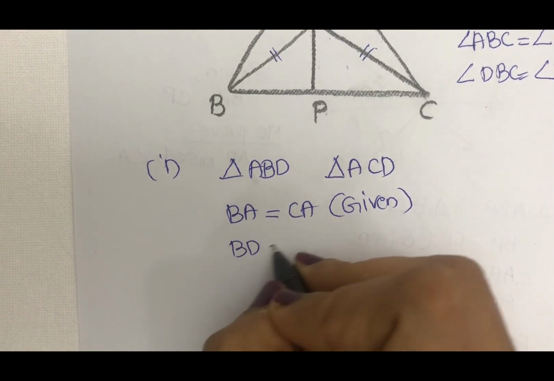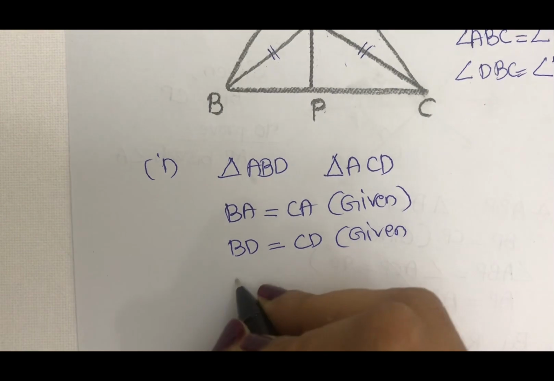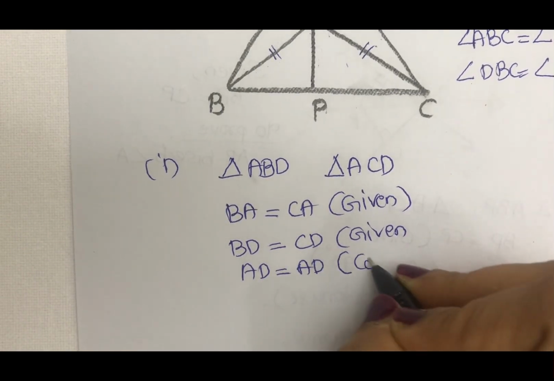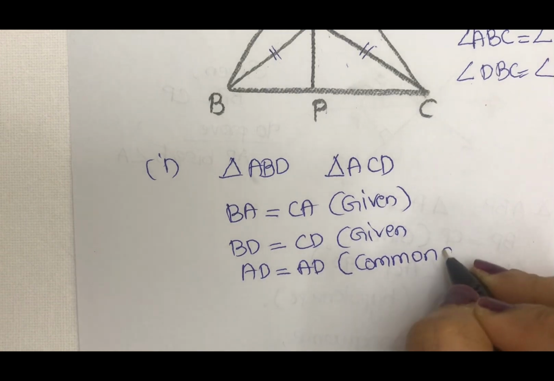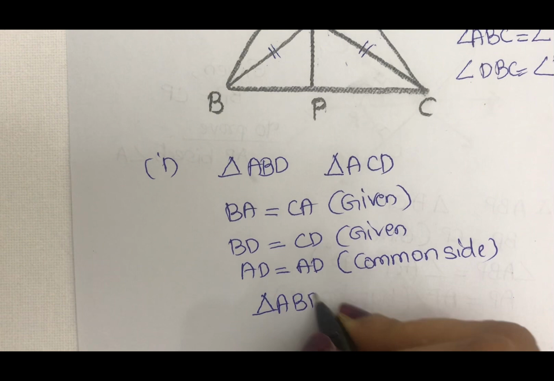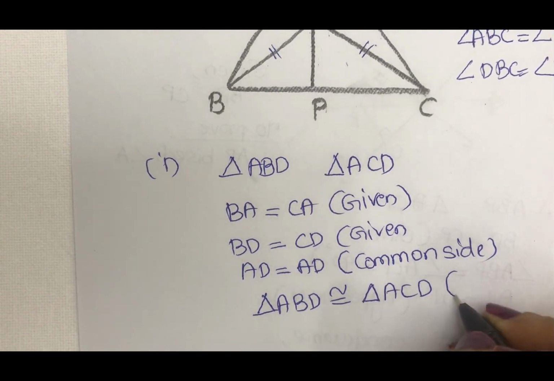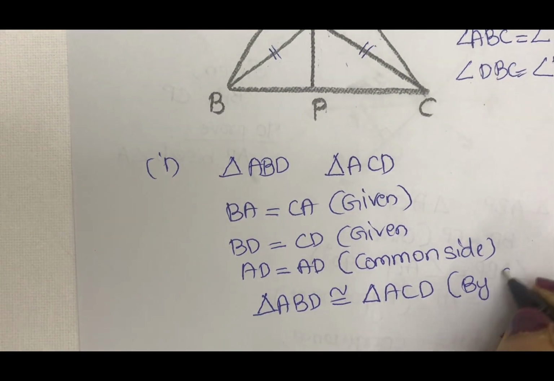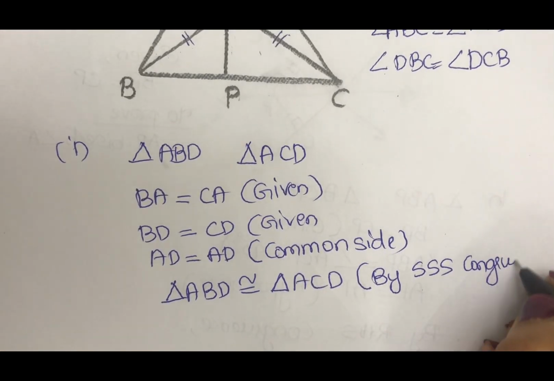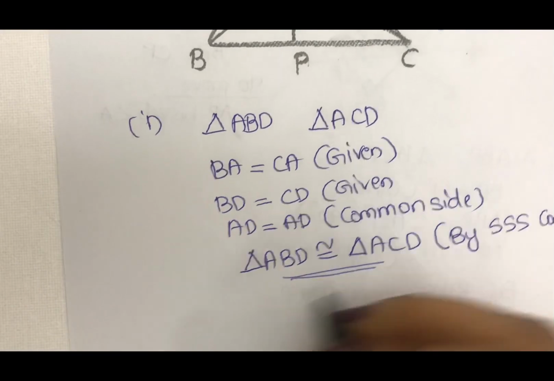BD equal to CD, given. AD equal to AD, common side. Okay, so triangle ABD is congruent to triangle ACD by SSS congruency. Okay, first one we proved.